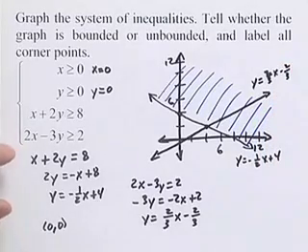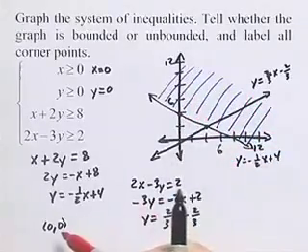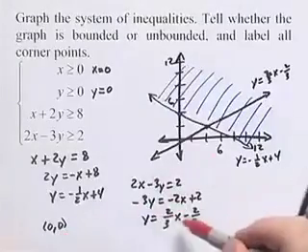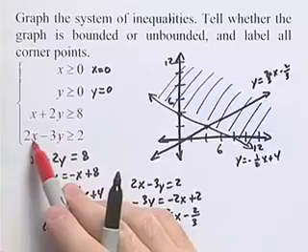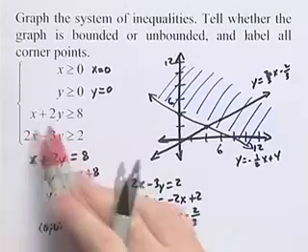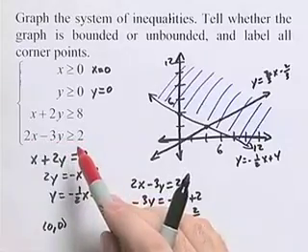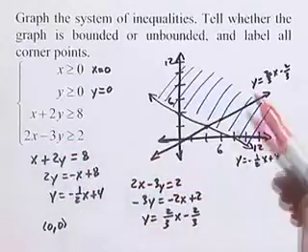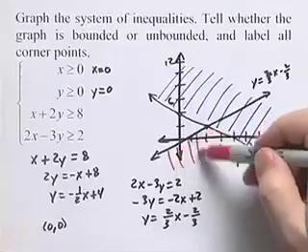We again need to determine which half plane we're going to shade. This line divides the xy plane into two half planes. We're going to use our test point 0, 0 again because it's not on the graph of this line. We'll get 2 times 0 is 0 minus 3 times 0. So this left side is equal to 0 still. 0 greater than or equal to 2 is a false statement. So we're going to shade the half plane that does not contain 0, 0. So that's shading below that line.